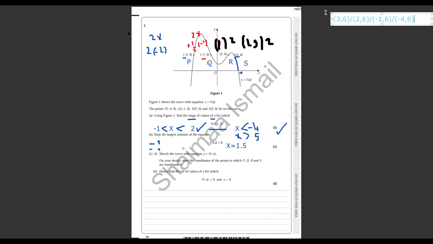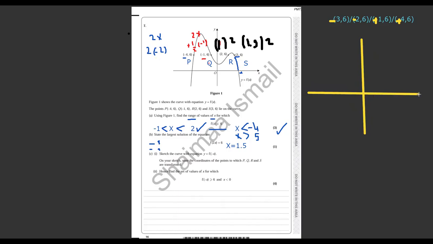So all we do is put a negative sign instead. If it's positive, we make it negative. If it's negative, make it positive, just flipping the x sign. So we get negative 3, 6, negative 2, 6, positive 1, 6, and positive 4, 6. Then sketch it normally.